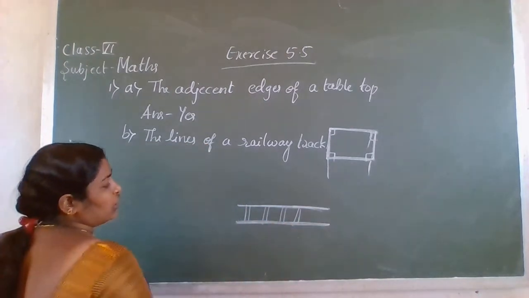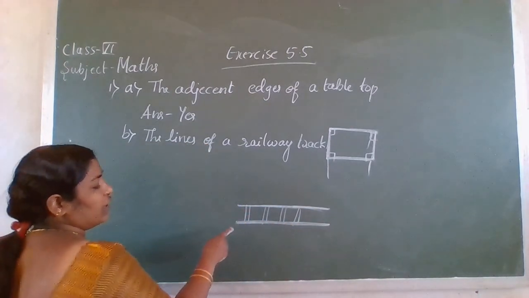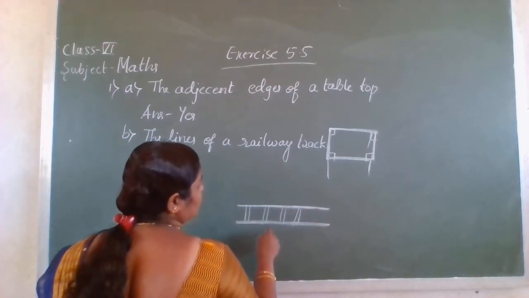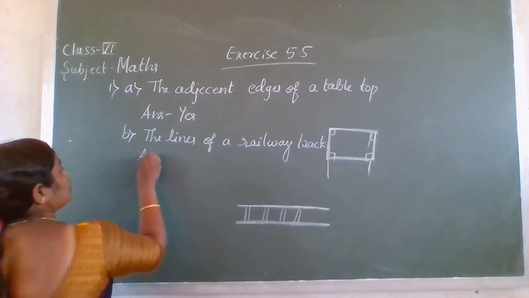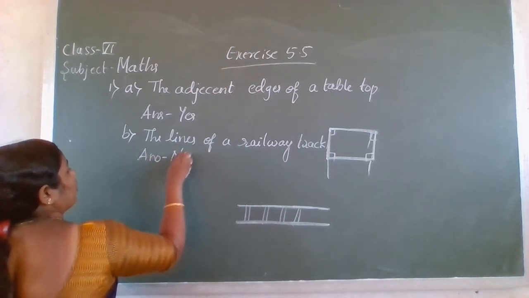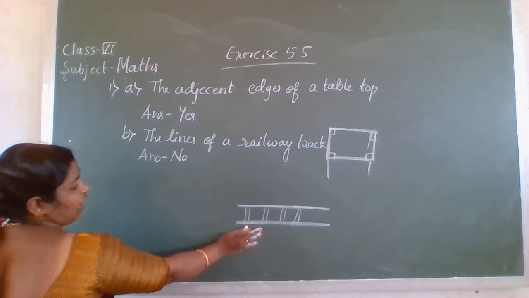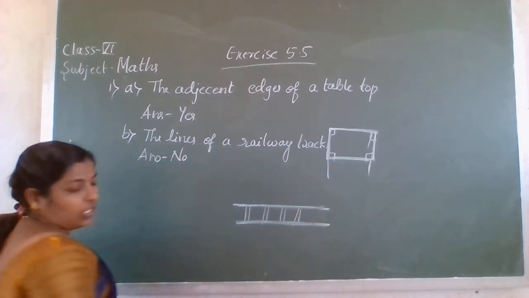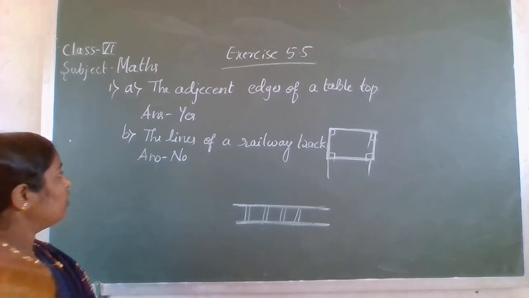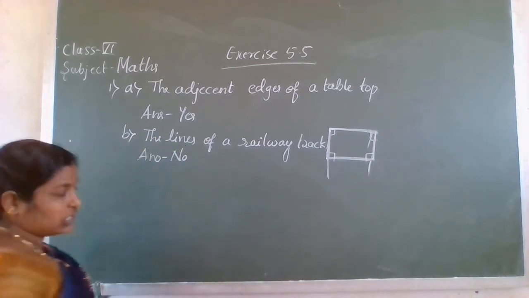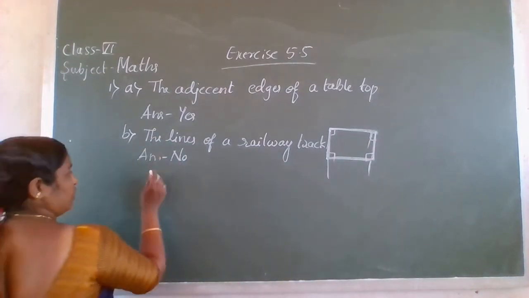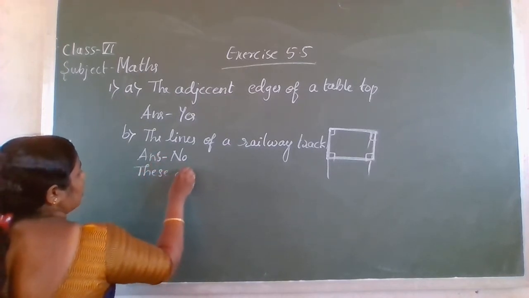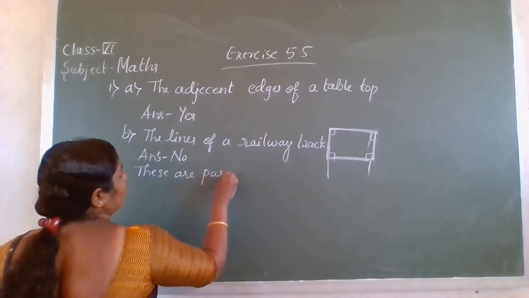Are they perpendicular to each other? Have they met anywhere? No, they will not meet each other. So the answer is no. These are parallel lines. This is parallel to this, not meeting anywhere. So these are not perpendicular lines.